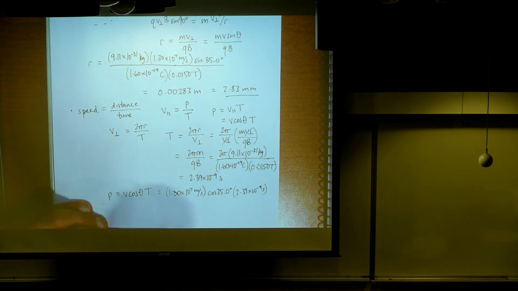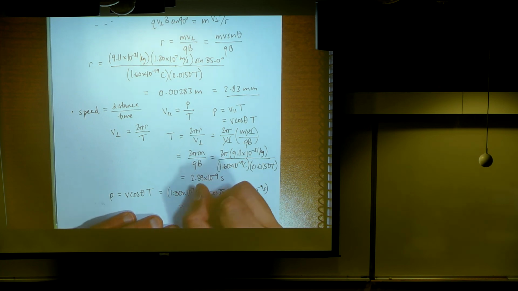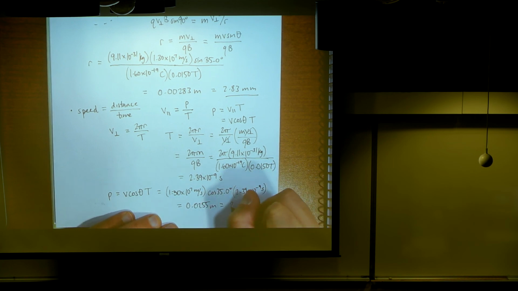Okay. What's the result of that? 0.0255 meters, or we say 2.55 centimeters. All right?